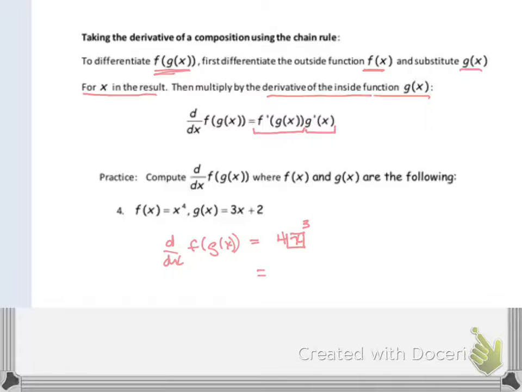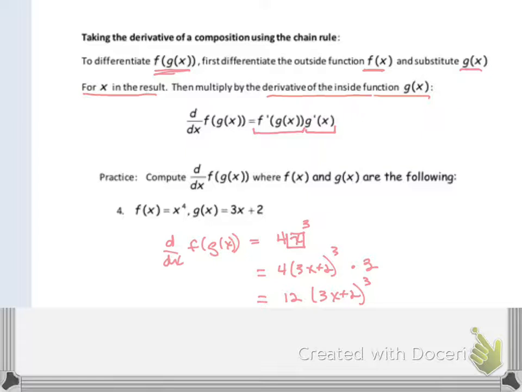So I'm going to really write 4 times (3x plus 2) cubed. Okay? And then multiply that by the derivative of the g of x, which is 3. So your derivative actually equals 12 times (3x plus 2) cubed. Okay? So that is the derivative of the composition.